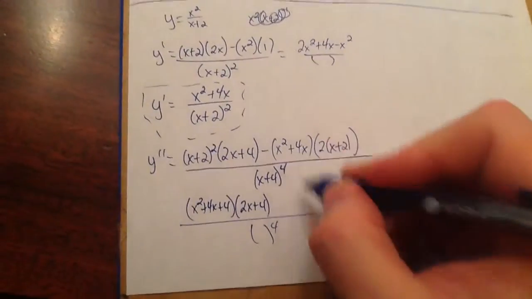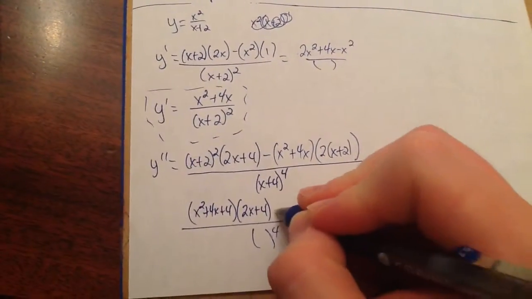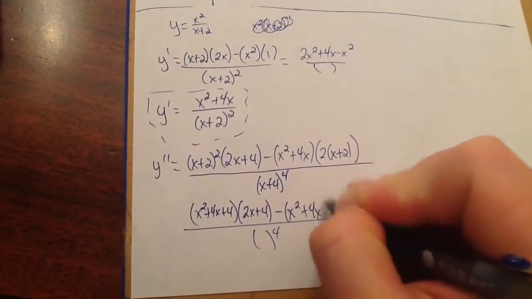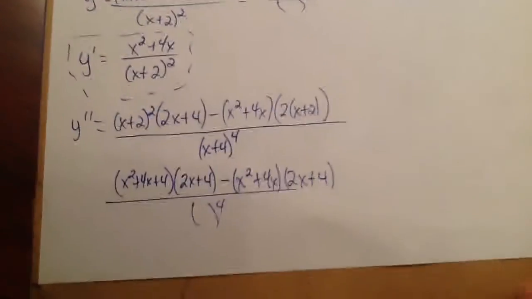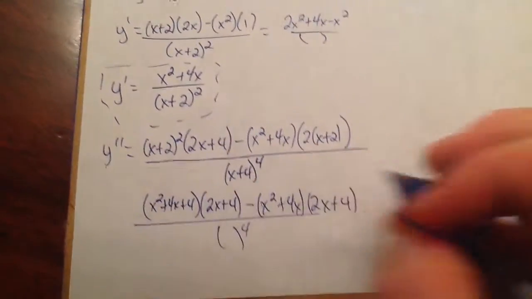So that stays on bottom. What's this? 2x plus 4 times. What's a distributive property action? Let's see. 2x to the third, we're running out of room.